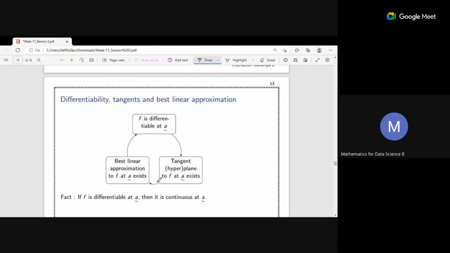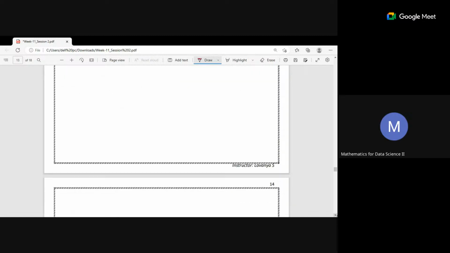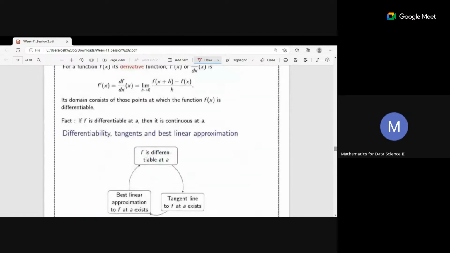And differentiability at a implies continuity at a. If you know this much, that is sufficient for this course. We are not going into problems for differentiability of multivariable functions in this course. Okay, we are done with the syllabus here.